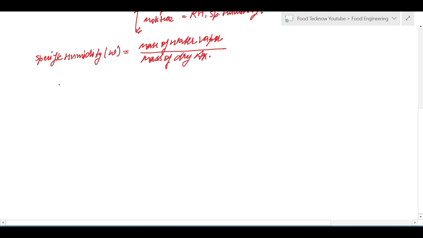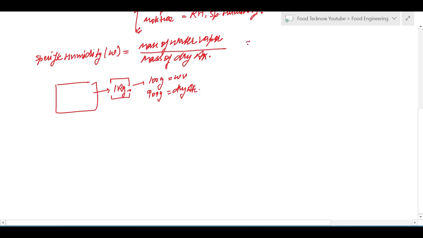Understand it this way: suppose here we have a box which contains moist air, or the room contains moist air, and let's suppose it weighs 1 kilogram. Suppose the weight of the whole moist air is 1 kilogram, and in this, 100 gram is the weight of the water vapor and 900 gram is the weight of the dry air.